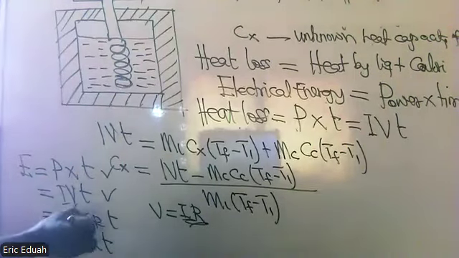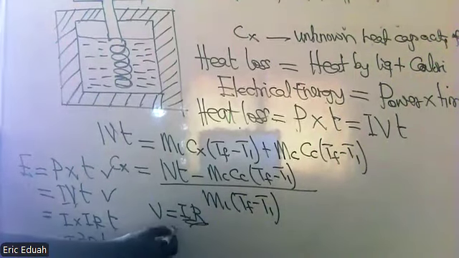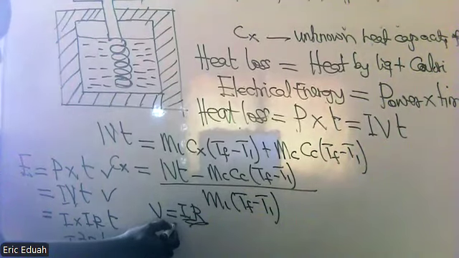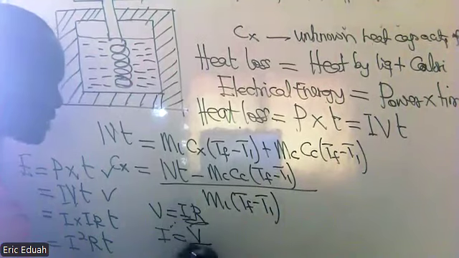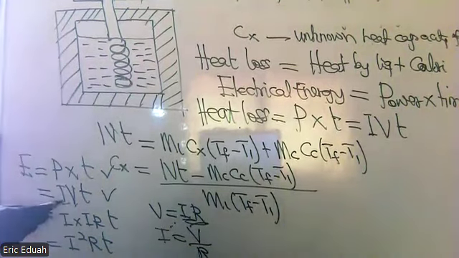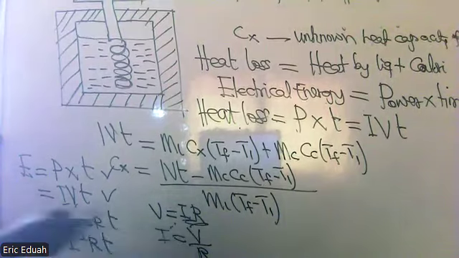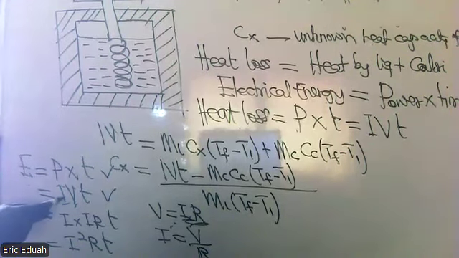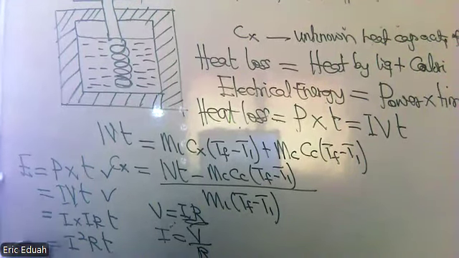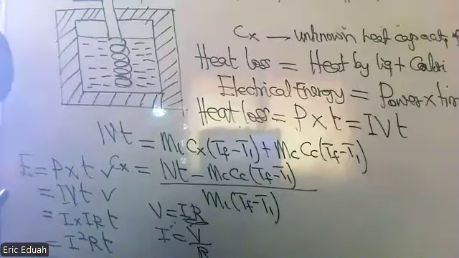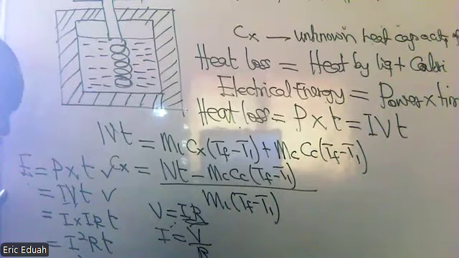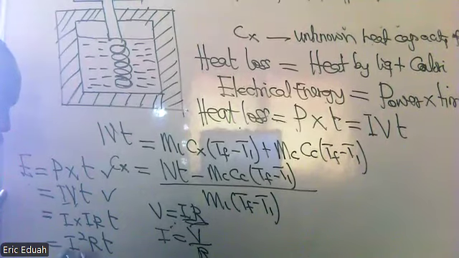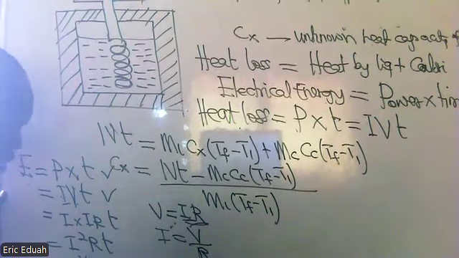Another way: from Ohm's law, current is equal to voltage over resistance. So we can also substitute V over R in place of I. So we have V squared T all over R.